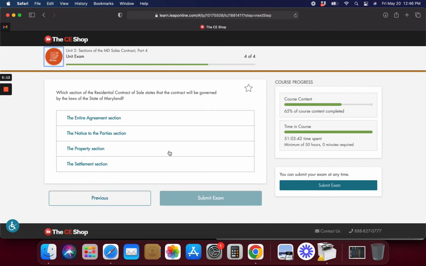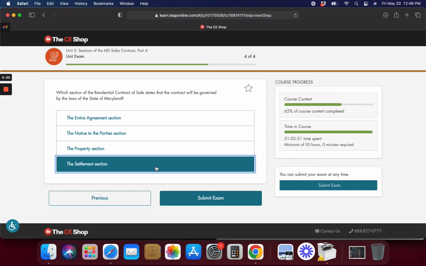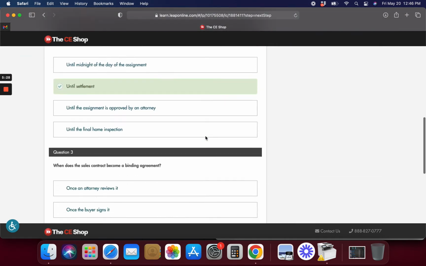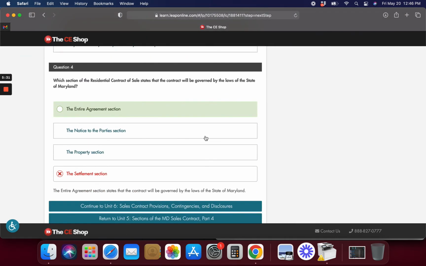After both parties signed it. Which section of the residential contract says the contract will be governed by the state of Maryland? I'm guessing the entire agreement section, settlement section. We might have failed this. No, we passed. Which one did we get wrong? The last one. Okay, entire agreement. Remember, I was saying that.